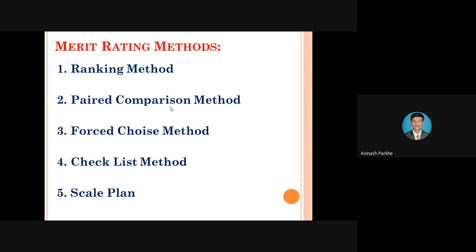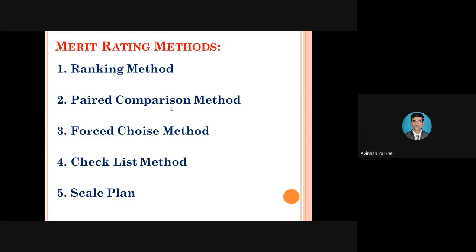For that purpose, some standard statements are defined by the industry, or maybe a one-page write-up is given, and the supervisor writes the name of the operator, their department, all the information, and at the bottom some standard questionnaires are given. Based on those questions and the performance, he can directly tick mark.